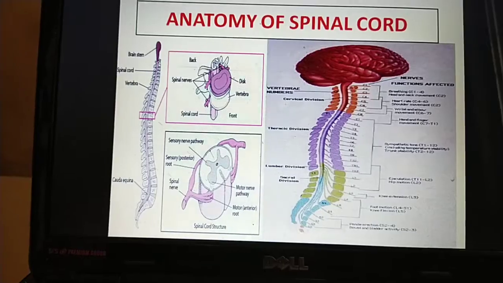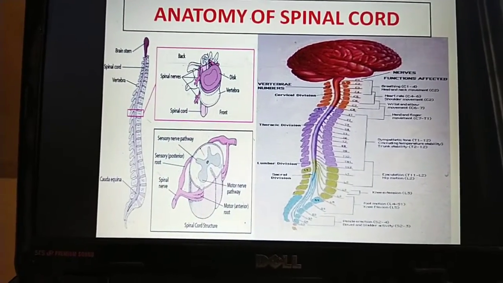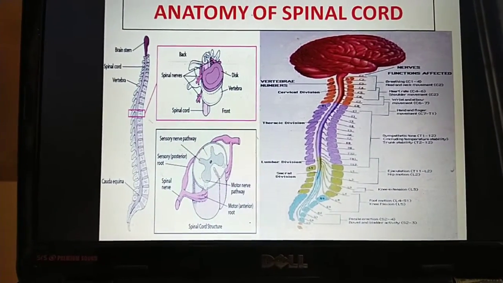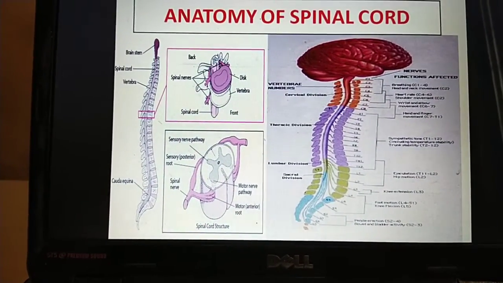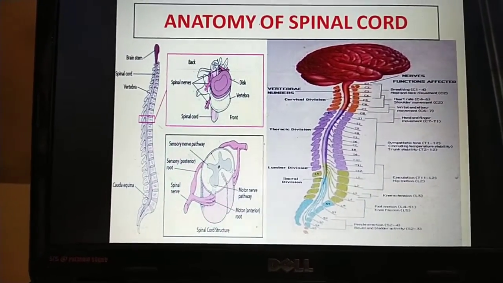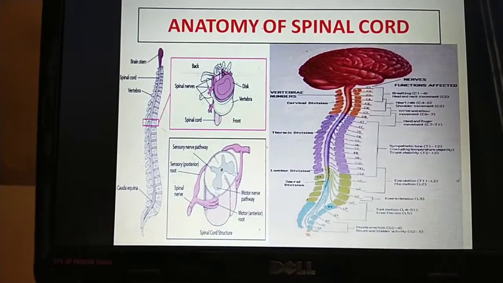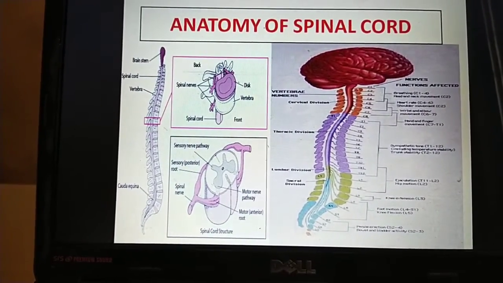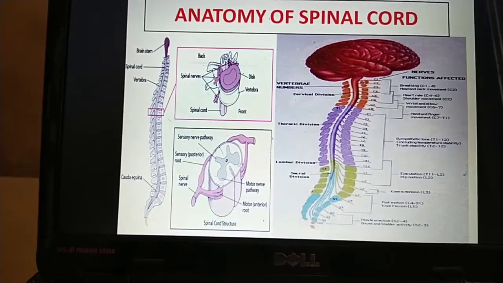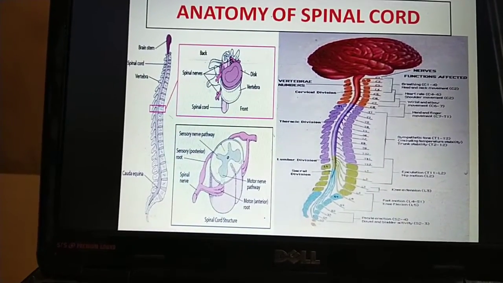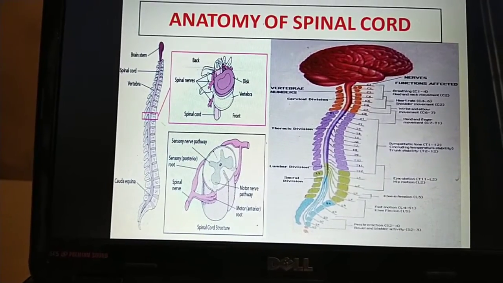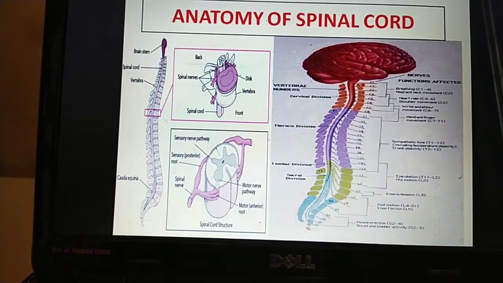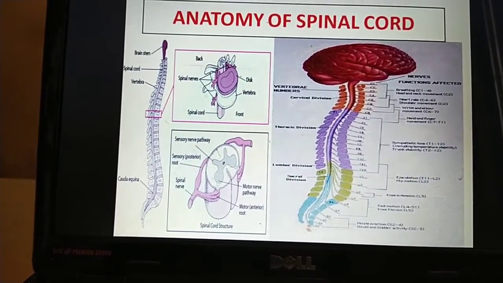Medulla oblongata is the lower part of the brainstem. It extends to the lumbar region of the vertebral column. It encloses the central canal of the spinal cord, which contains the cerebrospinal fluid also.